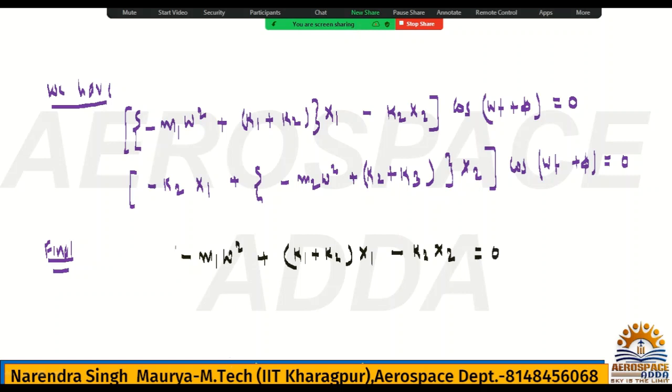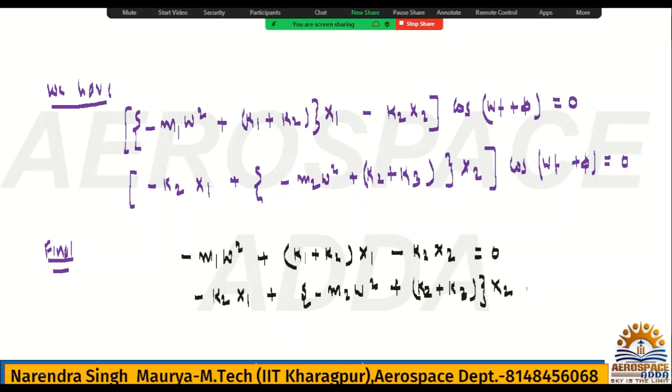This is the one equation, and here you will get minus k2 x1, and it is nothing but minus m2 omega square plus k2 plus k3, times x2 is equal to 0. This is the final equation.